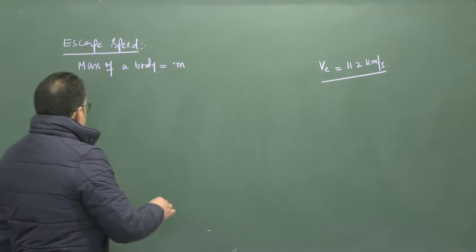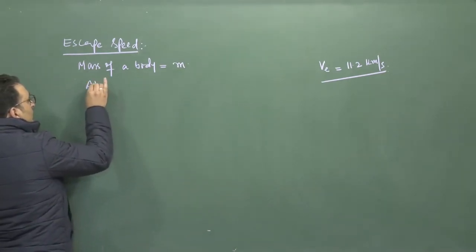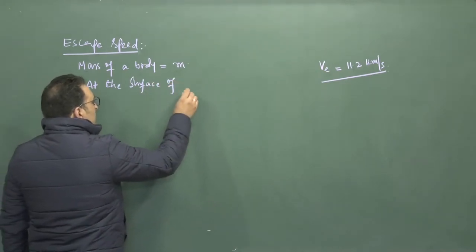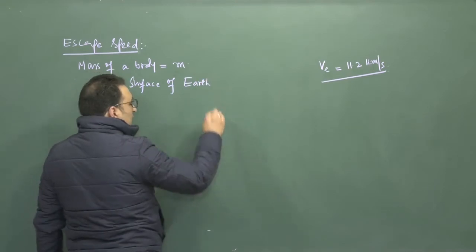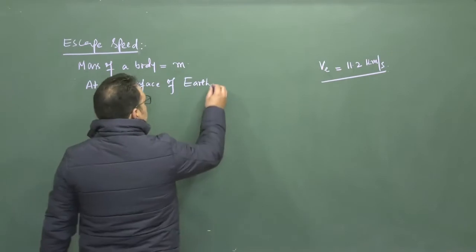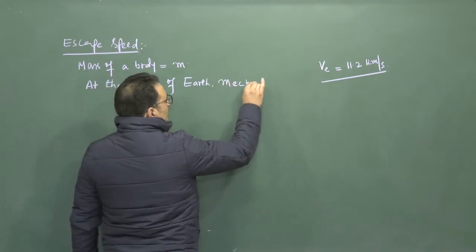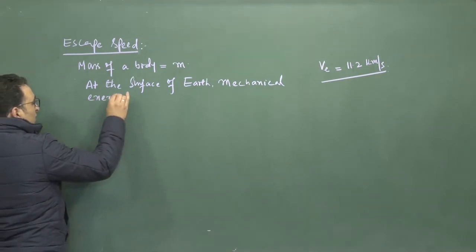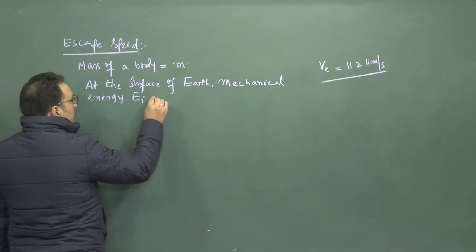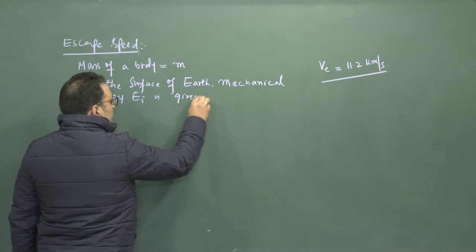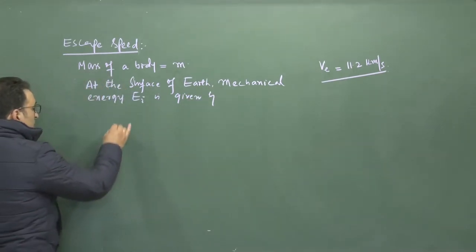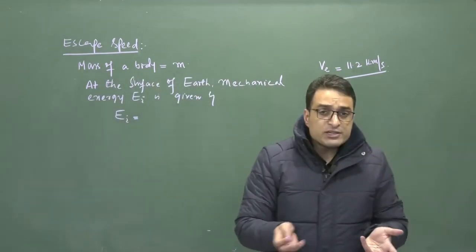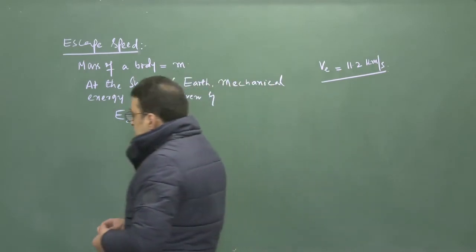Let me write, at the surface of Earth, the mechanical energy E_i is given by the sum total of the kinetic energy and the gravitational potential energy.